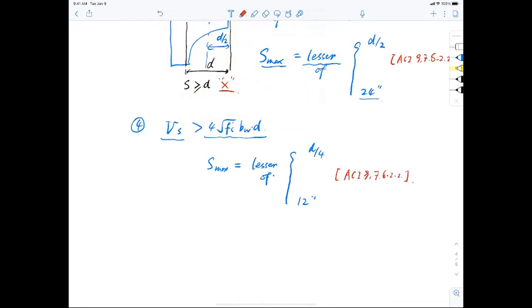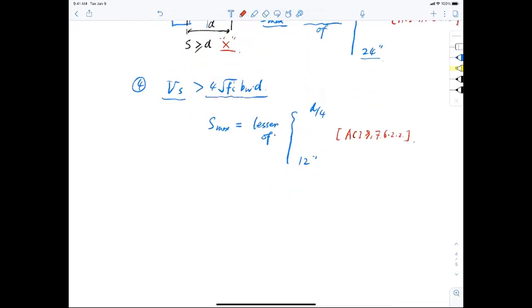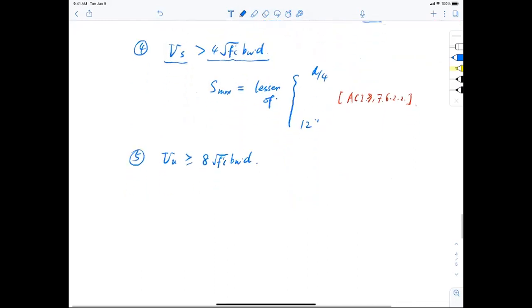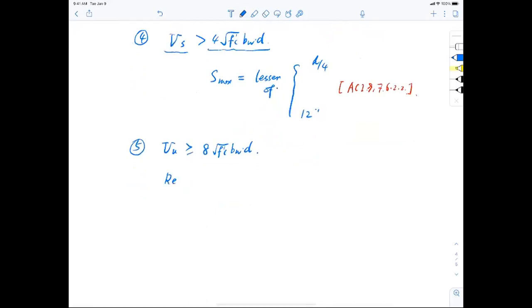This is ACI 9.7.6.2.2. And just when you feel relief and this lecture is about to finish, ACI says, don't forget, if VU is greater than or equal to 8 times square root F prime C BWD, redesign your section size.